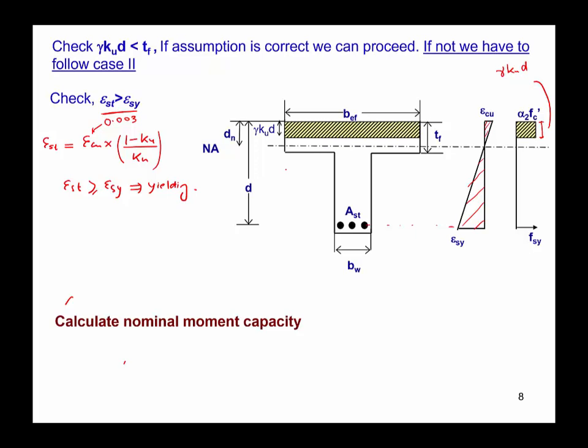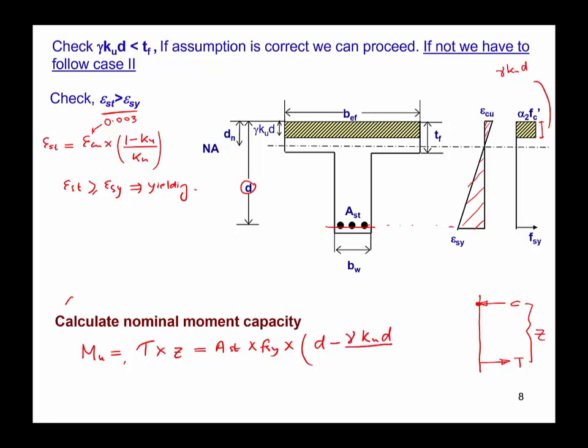So with that, for the force profile, this is where your compression force is acting, and this is where your tension force is acting, and this is the lever arm Z. So the nominal bending moment capacity Mu, if you take the moment about the point of action of the compressive force C, is your tensile force multiplied by your lever arm Z. Tensile force is Ast multiplied by fsy, and the lever arm is the effective depth d, up to the center of the reinforcement as always, minus gamma ku d by 2.